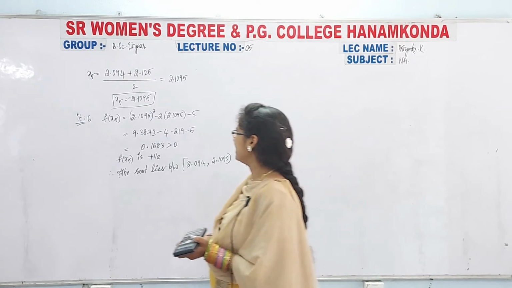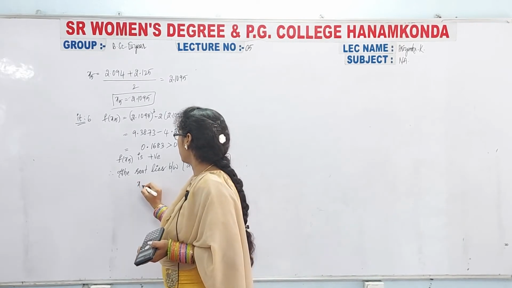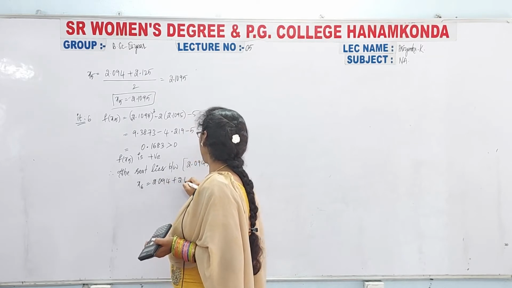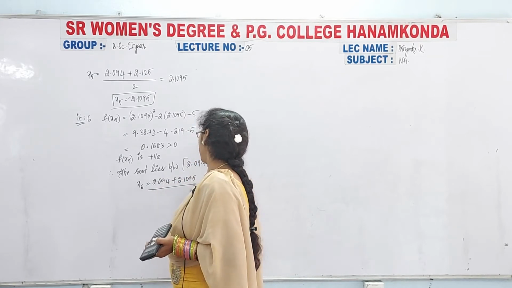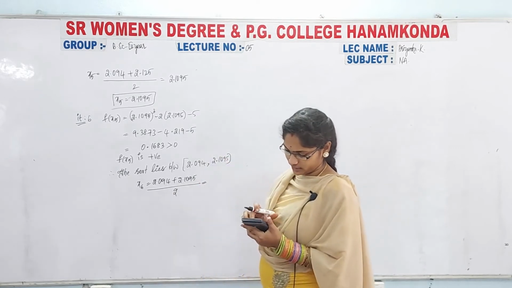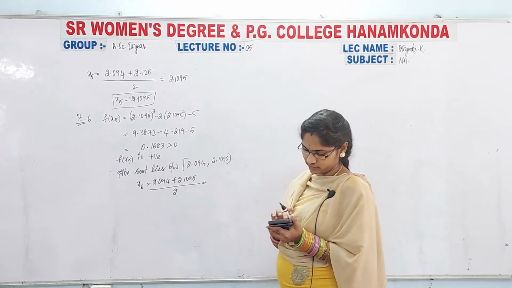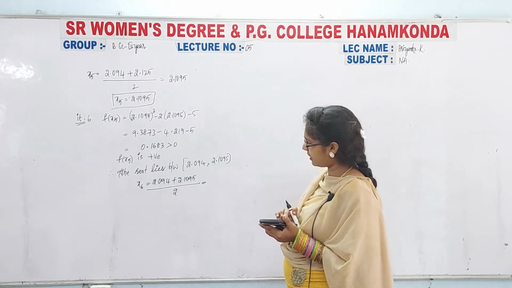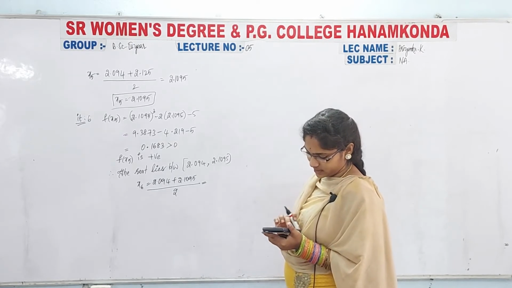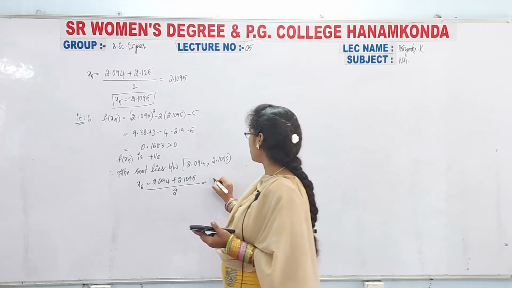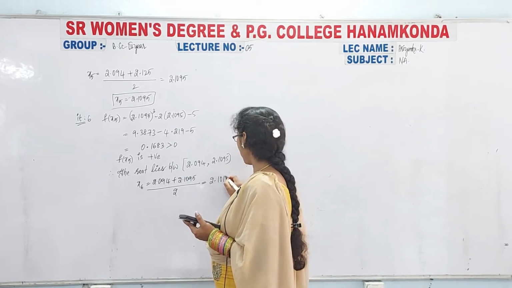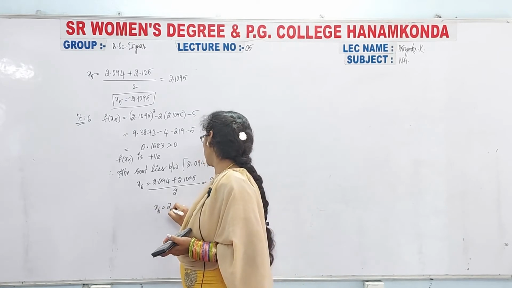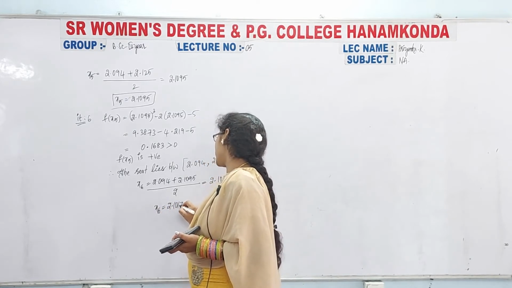So now here x6 equal to 2.094 plus 2.1095 divided by 2. Now see here, 2.10175. Therefore x6 equal to 2.10175.